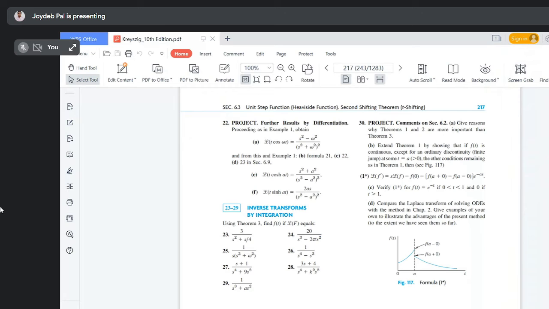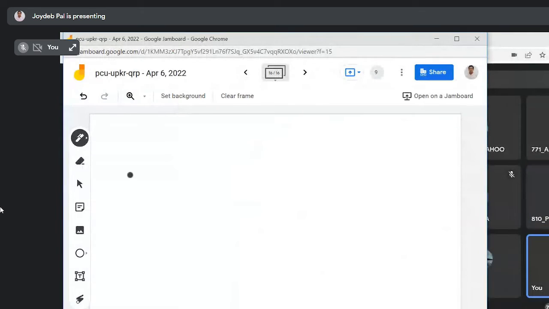So you try 25. It is 1 by s into s square plus omega square. Right? By that, so integration, by last method, yes, integration formula. It's better to use that formula whenever the given function is of the form F(s) by s.